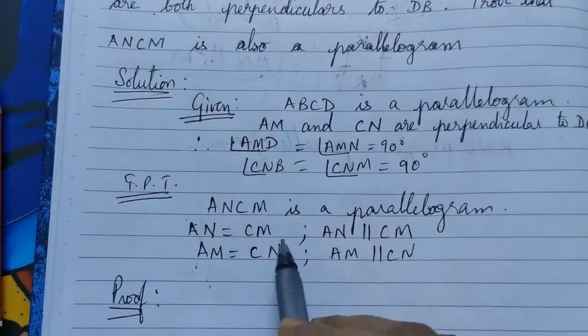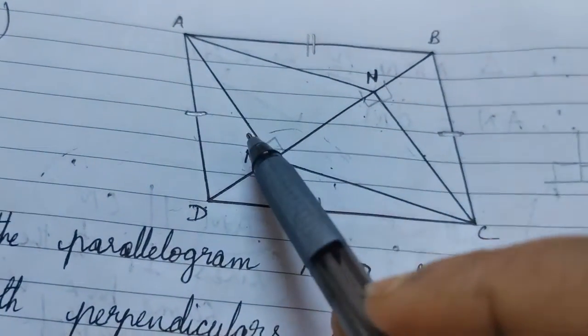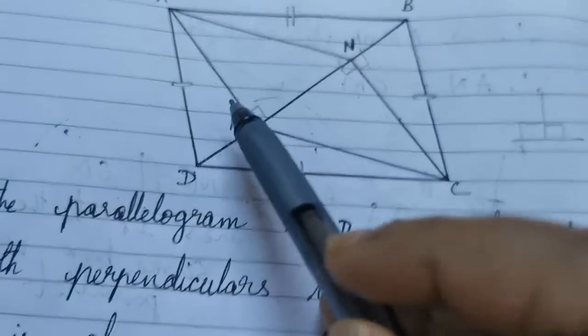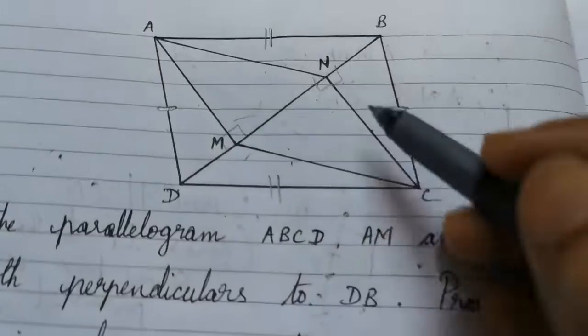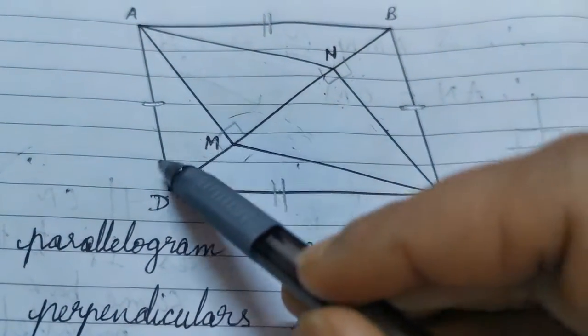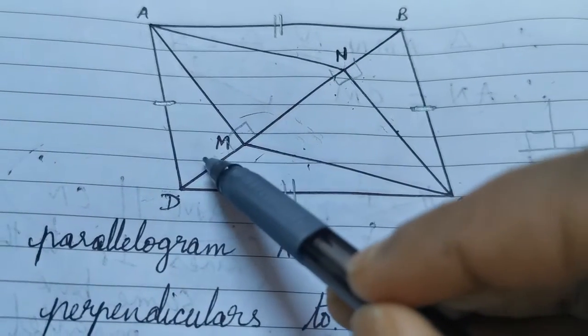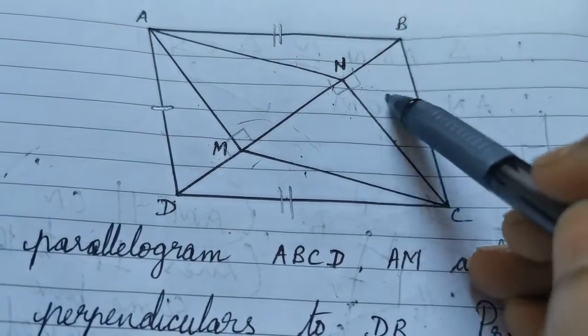First let me try to prove AM is equal to CN. I will check which triangles have the sides AM and CN. I have AM here and I have CN here. AM belongs to this triangle AMD and CN belongs to the triangle CBN.